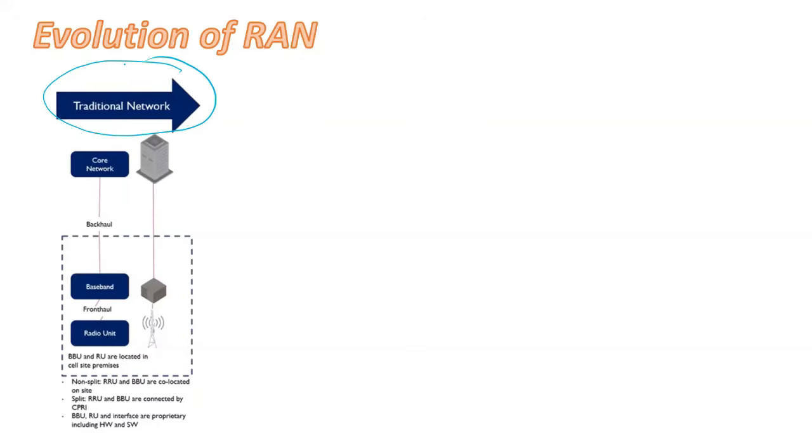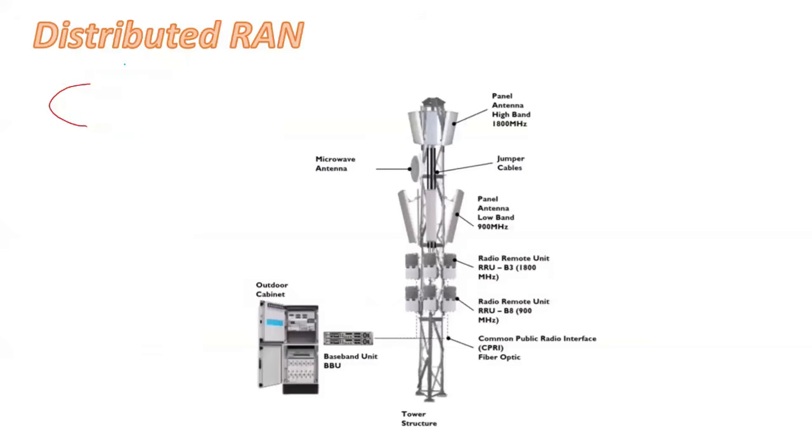It consists of separate baseband units and radio units, which are connected through dedicated fiber or copper cables, right? So the basebands and the RRUs are located in the cell site premises. This is the distributed RAN we have discussed.